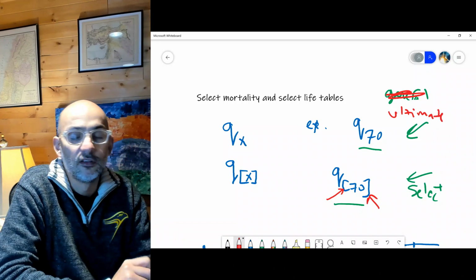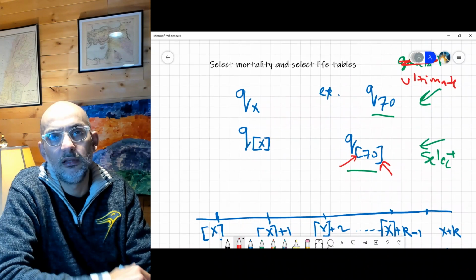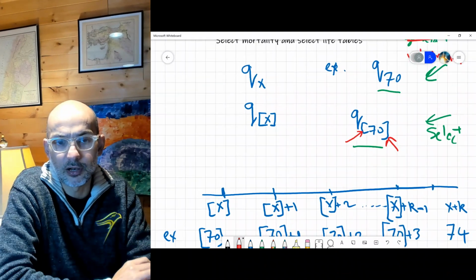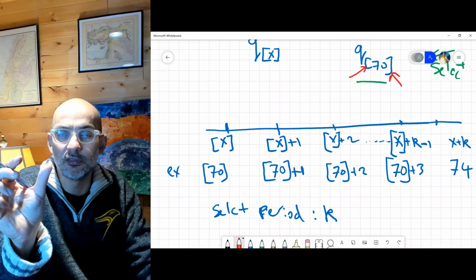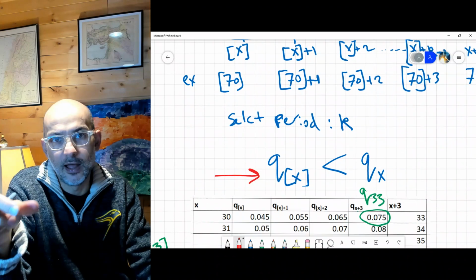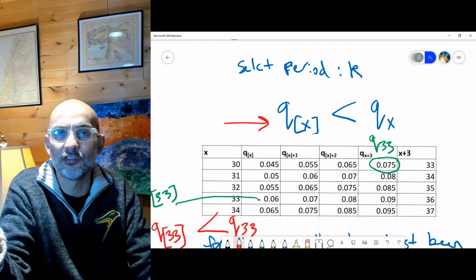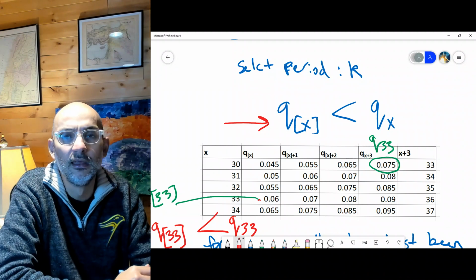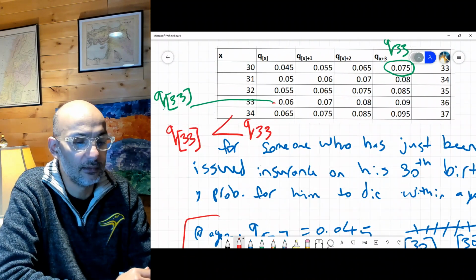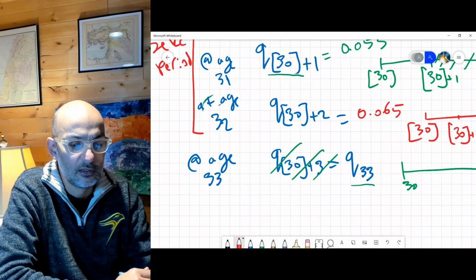So when we hear the word ultimate, it means this is the general population, the general probability. Select is the select period, the period that's still at a lower mortality rate than, or different from, the general population because of the underwriting practice. Does that make sense? Should be straightforward.